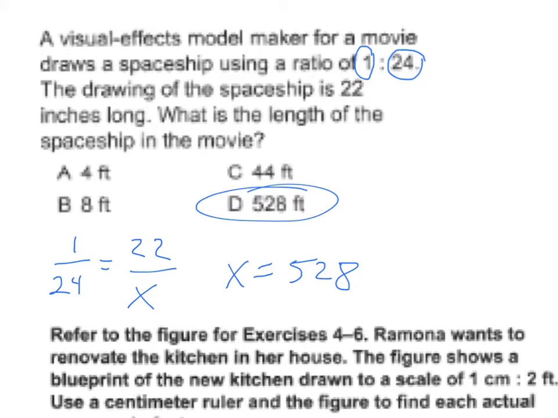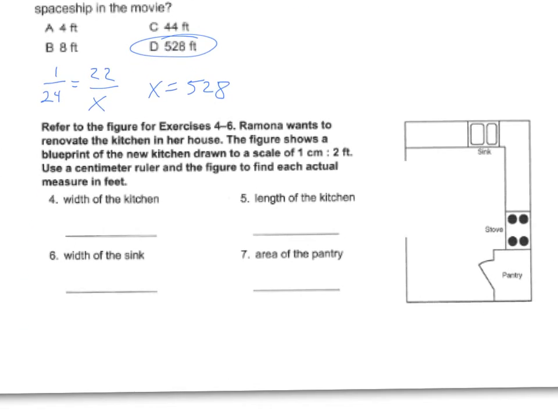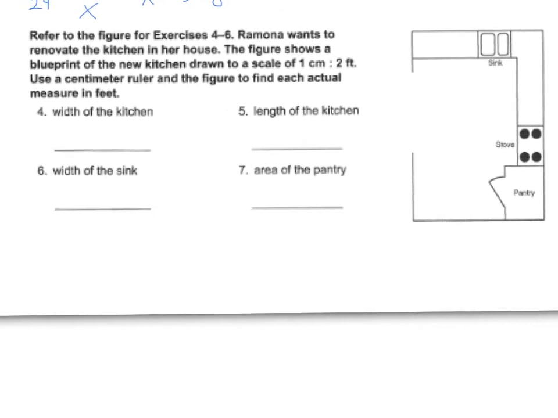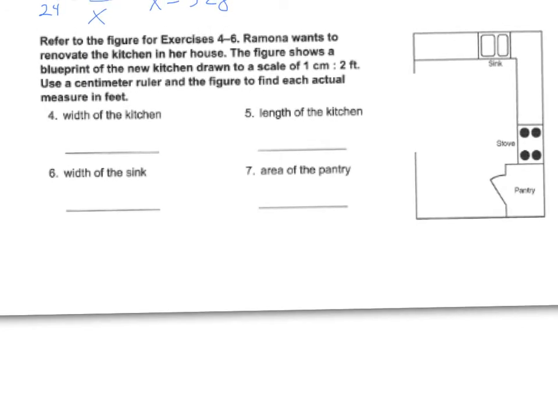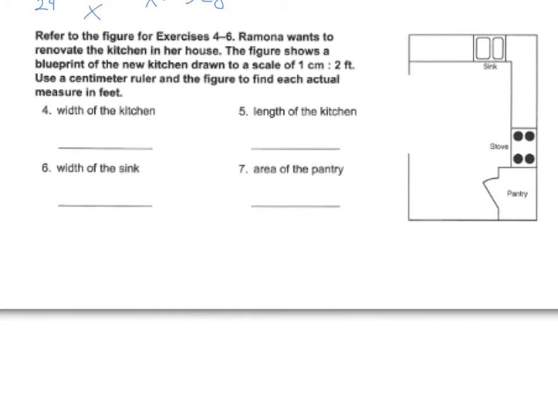Okay? The next one we're looking at, we have kind of the floor plan or setup of a kitchen. Notice the scale right here is 1 centimeter to 2 feet, so 1/2. The width of the kitchen, if you would take a ruler and measure it, you would find that the width is going to be 3.5 inches.